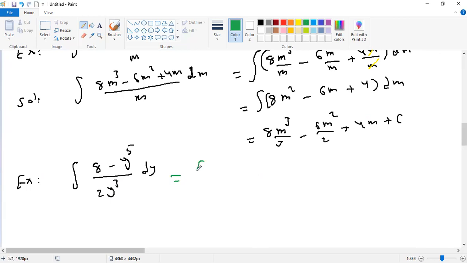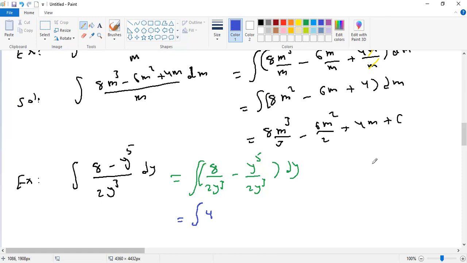Integral, the first one is 8 divided by 2y cubed minus y to the 5 over 2y cubed. Write it in this way, the first step. Then the answer is equal to, before we have to write it kx^n, 8 over 2, so the k is 4.